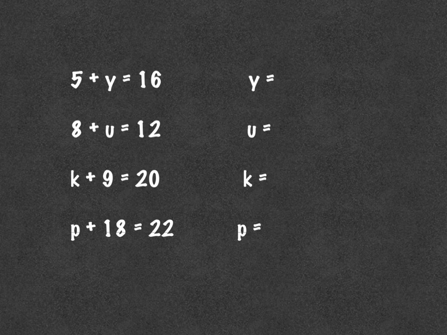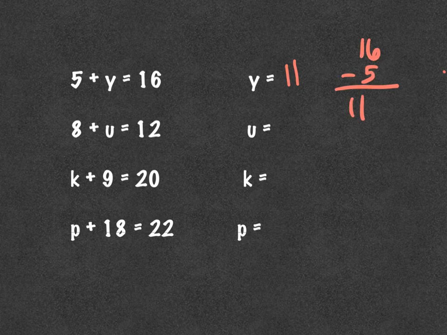So you could count up from 5, 5, 6, 7, 8, 9, 10, 11, 12, 13, 14, 15, 16. And we're going to get, not 9, 11. We're going to get 11 for that one. So if you think it's 9, you can test it by counting up and get 11. Or you could use 16 minus 5 and get 11.